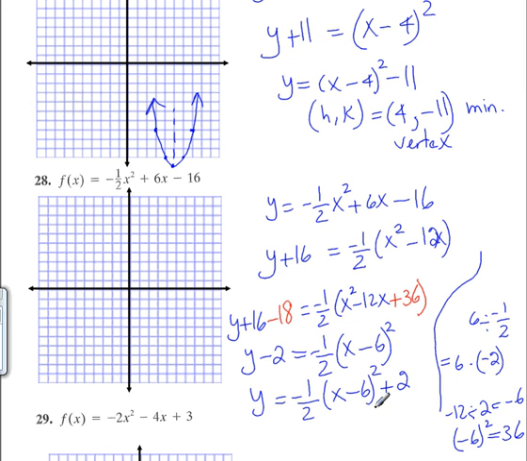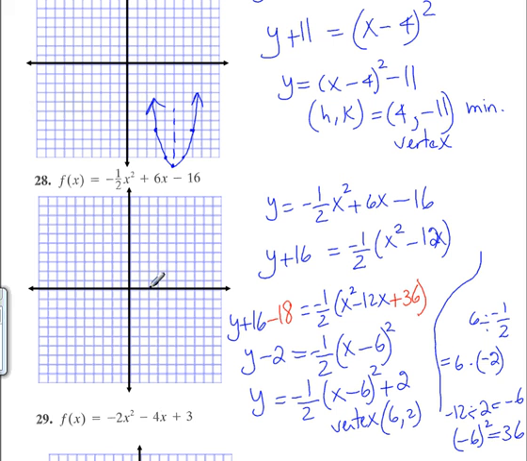Our h is 6, k is 2. That's our vertex, 6, 2. And in this case, it's a maximum because our a is negative, so there's going to be a reflection over the x-axis. It's going to be an upside down parabola.